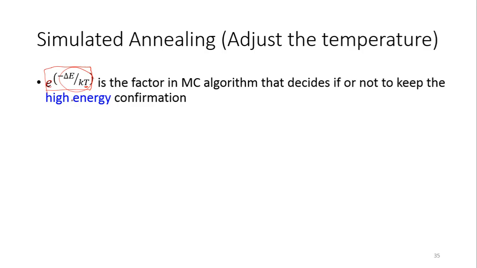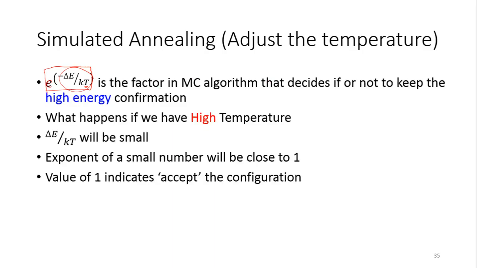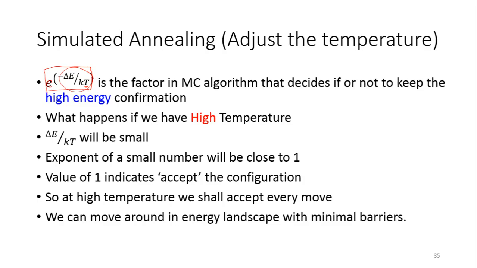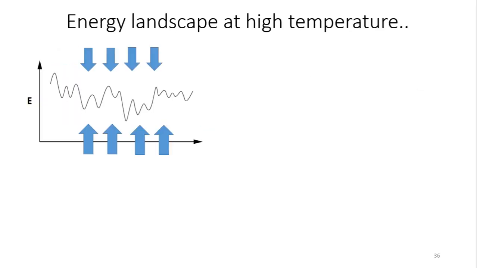That is, we can move around in the energy landscape with minimal energy barriers. In short, conceptually, by playing around with this temperature, we are trying to squish down the energy barrier so that we can move around easily in the energy landscape.